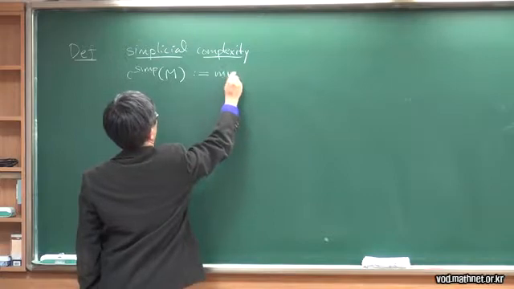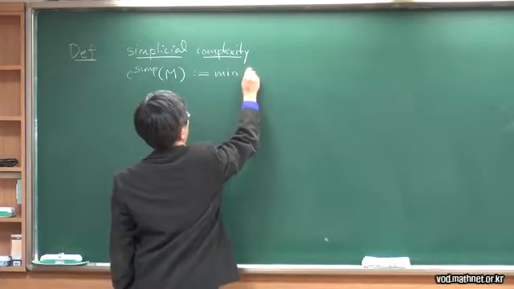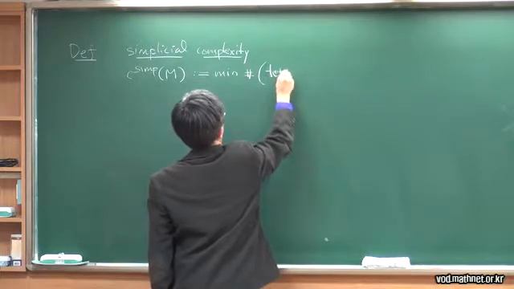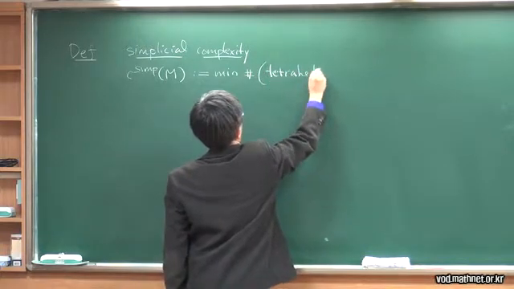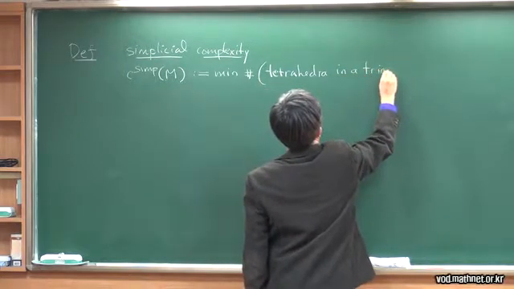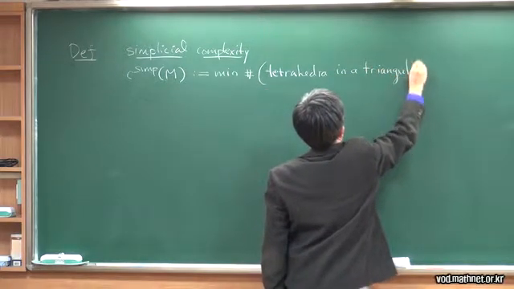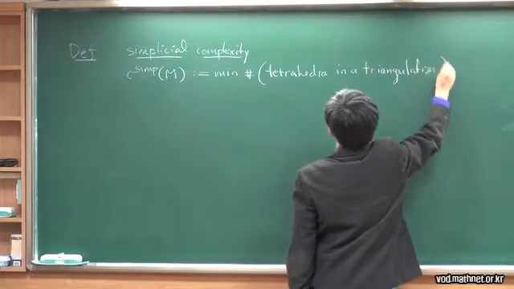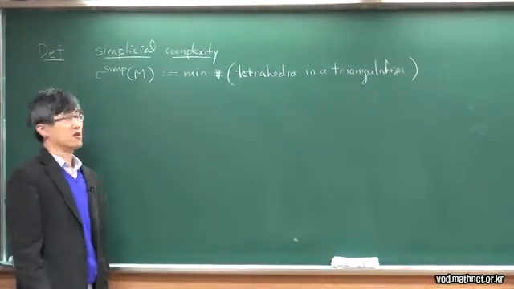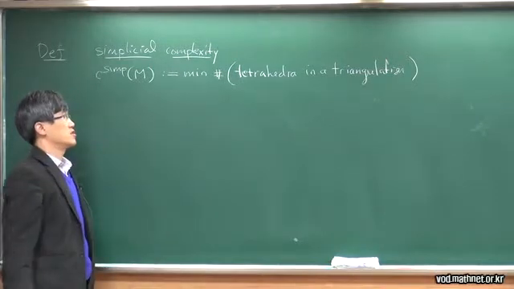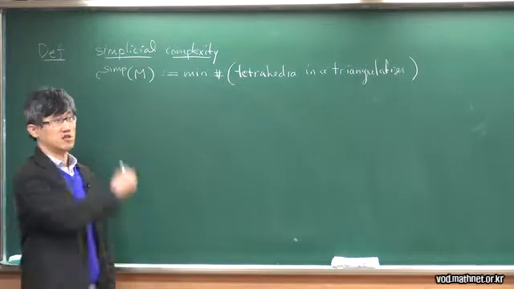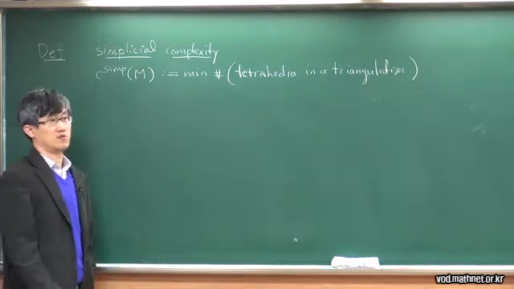This is the minimum number of tetrahedra in a triangulation of M. If you need more tetrahedra to triangulate your three-manifold, then it's more complicated, and it's reflected exactly by this definition.